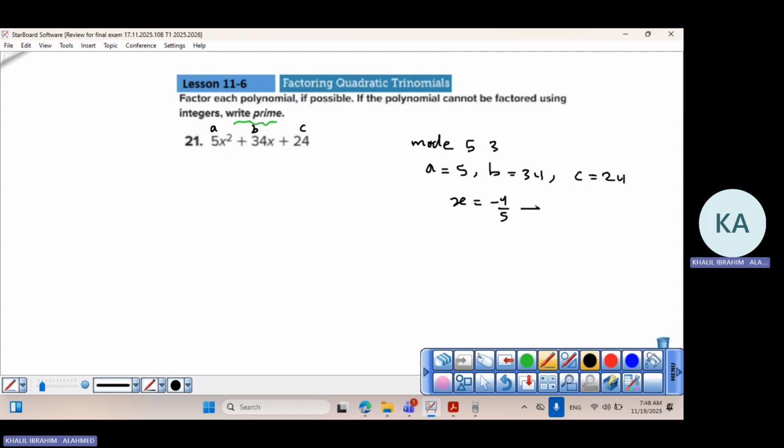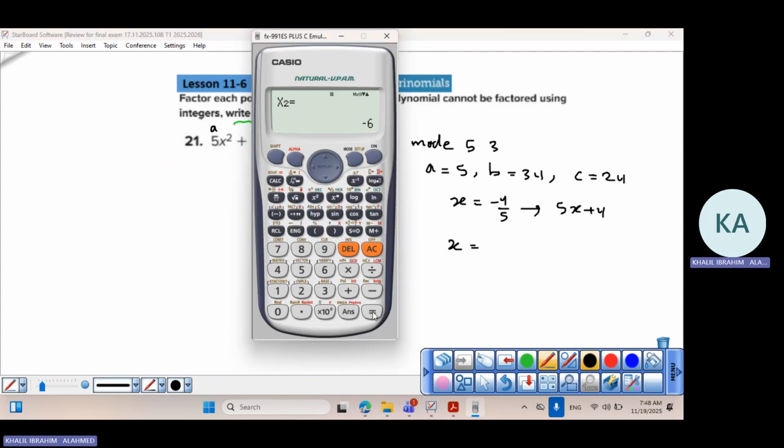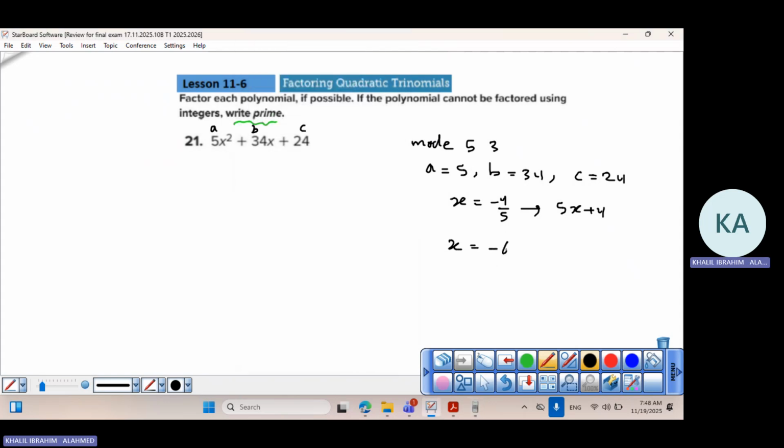Maybe this equals 5x plus 4. Okay, x equals negative 6, then move to the other side. This equals x plus 6.